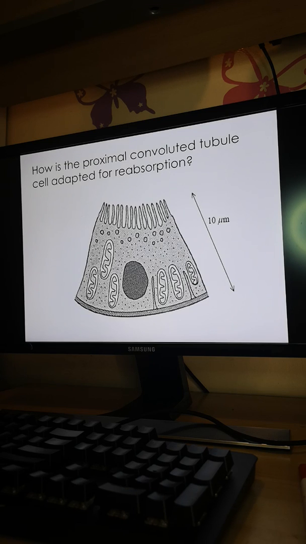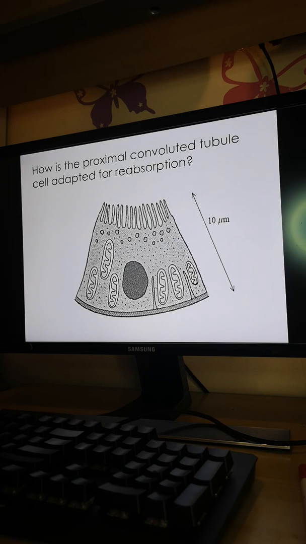I'm hoping straight away you've identified the microvilli, increasing the surface area of the cell surface membrane to increase the rate of diffusion, active transport, movement of molecules across that membrane.